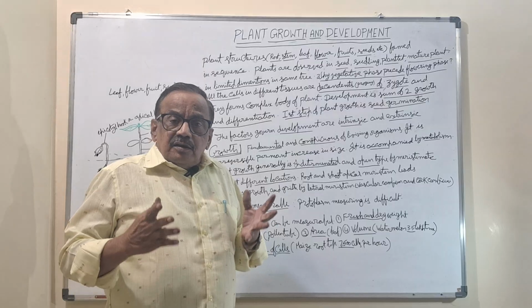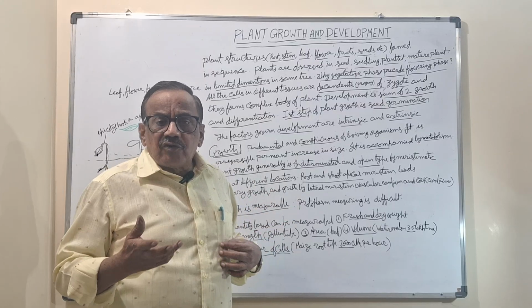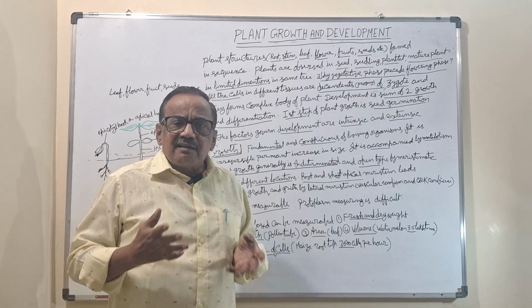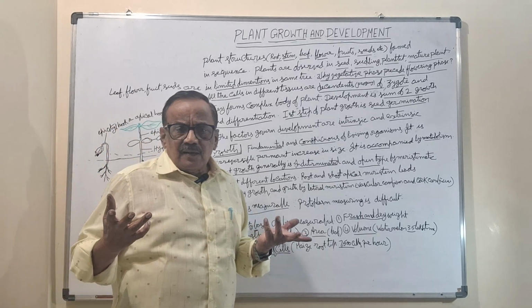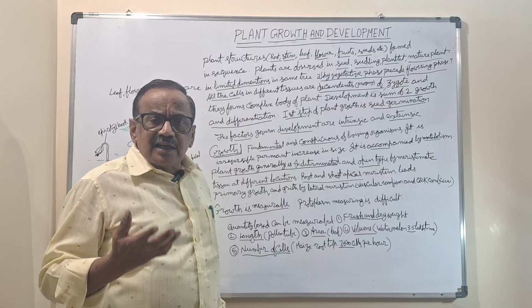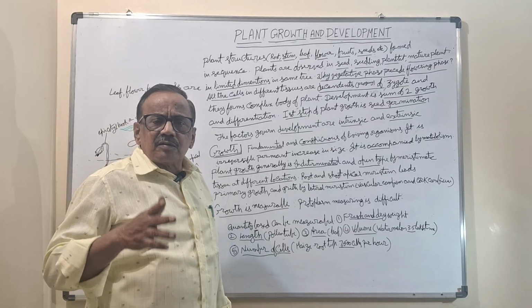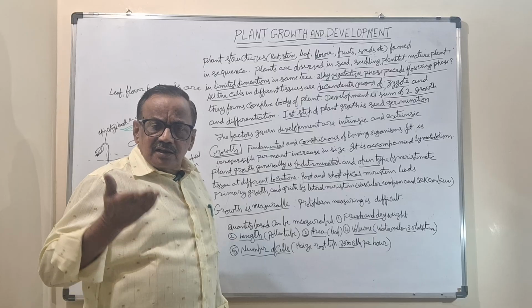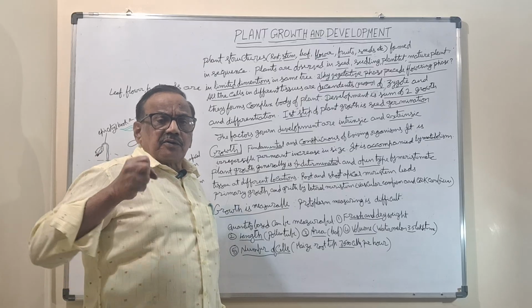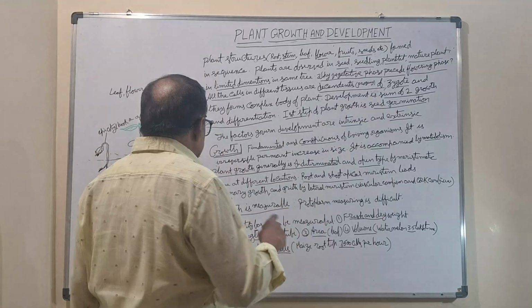Anabolic means, as already studied in biomolecules, macromolecules are formed, which participate in the cell organelles and other things, which increases the size. And catabolism means energy. Energy is also required for all the metabolic activities. So anabolism and catabolism lead the metabolism, the growth of the cell, followed by the plant.